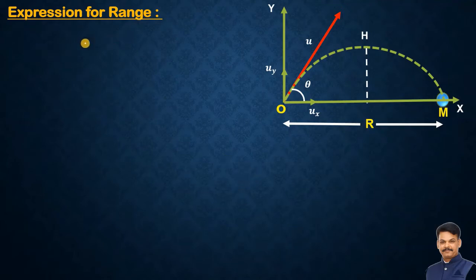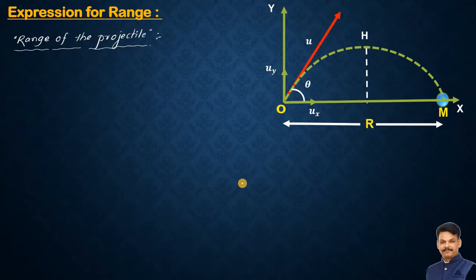Before starting the derivation, first let us understand what actually the range of the projectile is. It is very simple. The maximum horizontal distance traveled by a projectile is called its range.